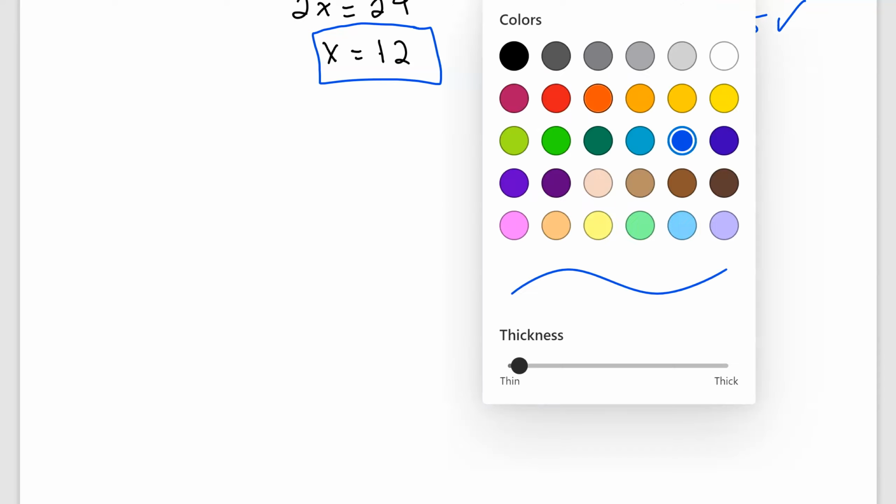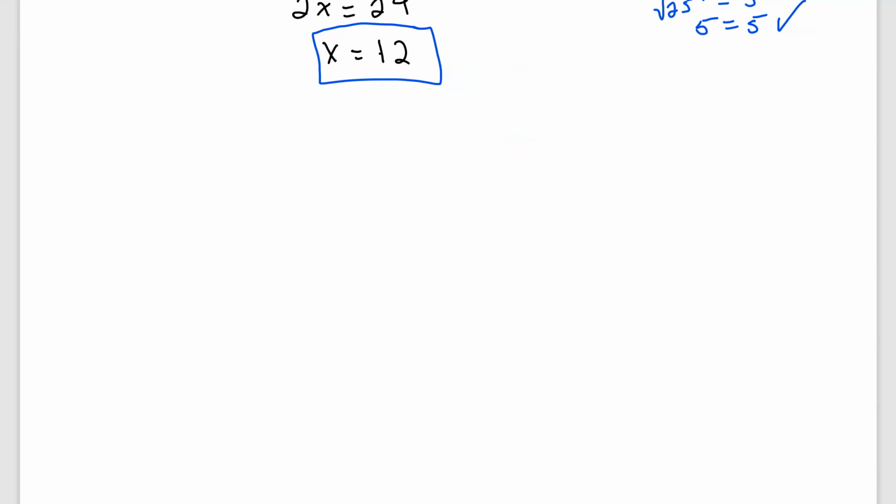Let's look at another example. If I start out with the square root of 6x plus 1 is equal to x. Now notice that I have an additional plus 1 here. I cannot square both sides yet.